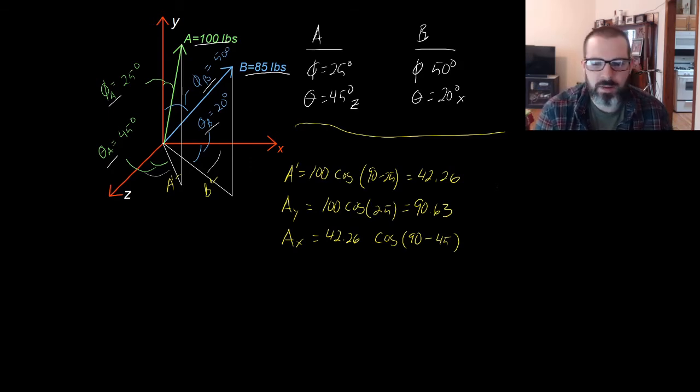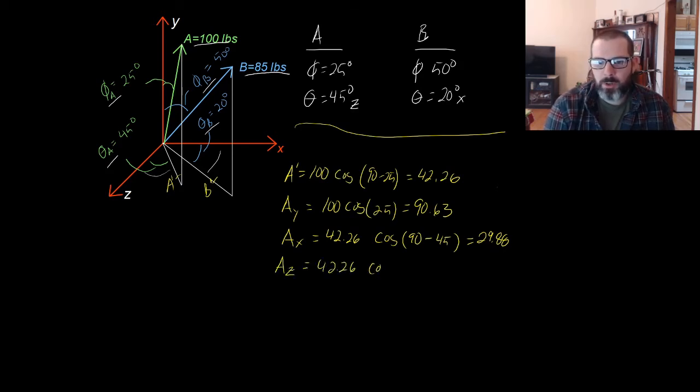So it's going to be 90 minus the angle to the x-axis. That equals 29.88. If I do AZ, it equals 42.26 cosine of 45, which equals 29.88.